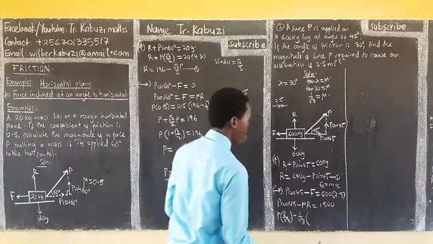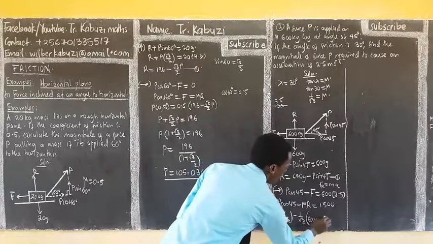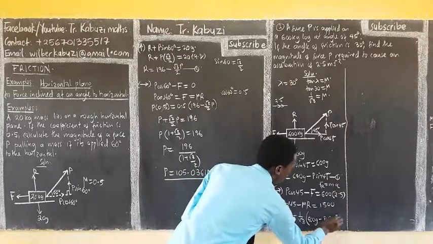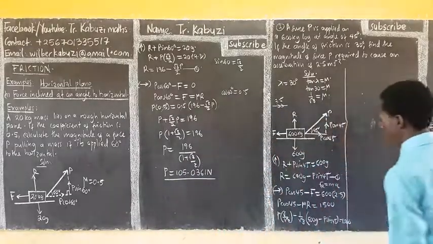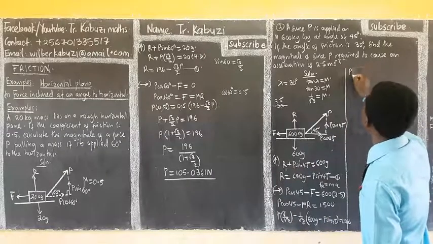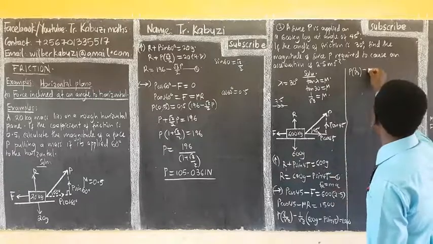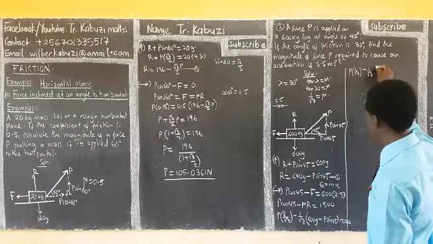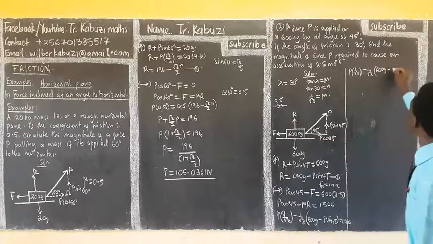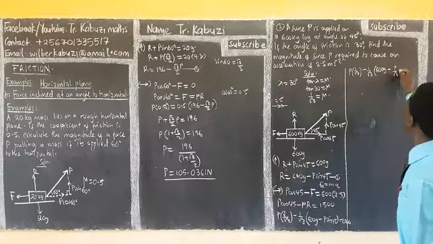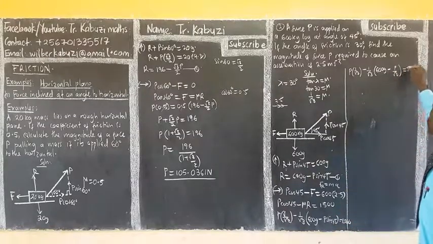Our R is here, 600 G minus P sine 45 equal to 1,500. So from there, our P, 1 over root 2 minus 1 over root 3 into 600 G minus, this would be P over root 2, because sine 45 is that, equals 1,500.